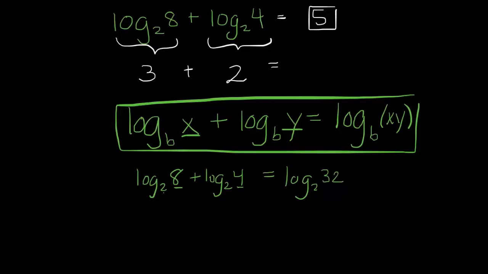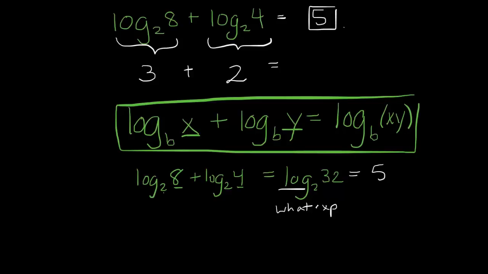Now let's see. Remember that log stands for what exponent? What exponent do you put on 2 to get 32? 2 times 2 times 2 is 8, times 2 is 16, times 2 is 32. So the answer is 1, 2, 3, 4, 5. And that's exactly what we got above. So there's our first log property.